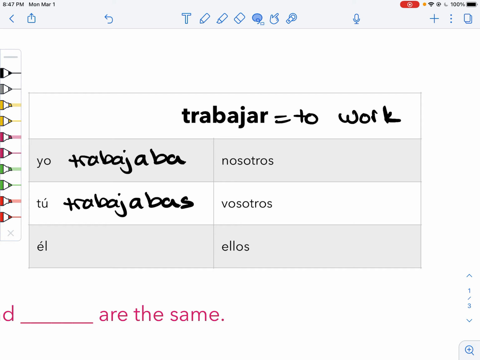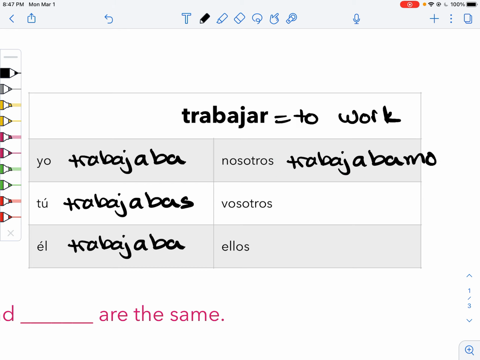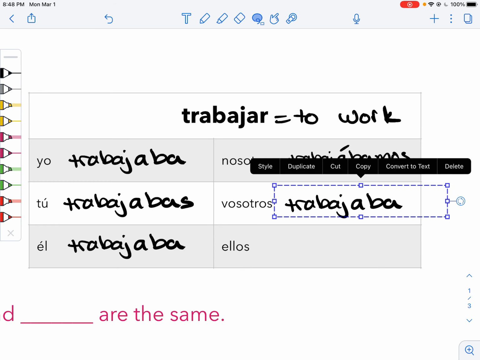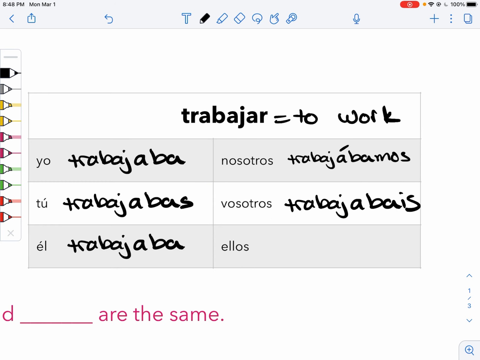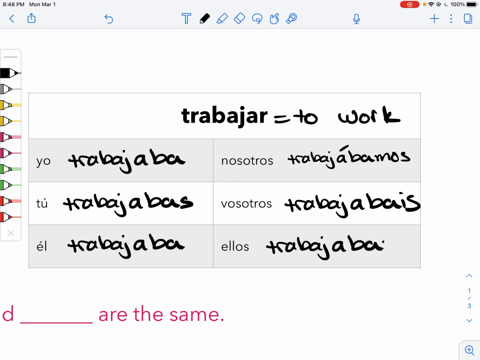He used to work, trabajaba. We used to work, trabajábamos. Y'all used to work, trabajabais. And they used to work, trabajaban. So that's really fun.